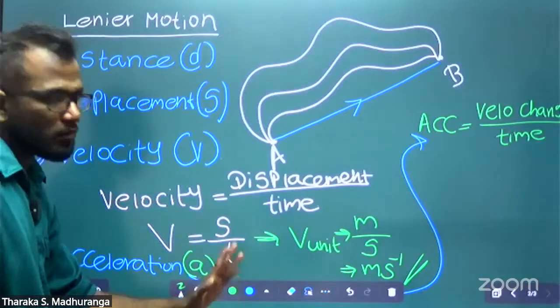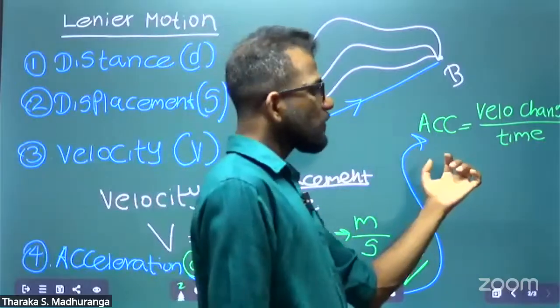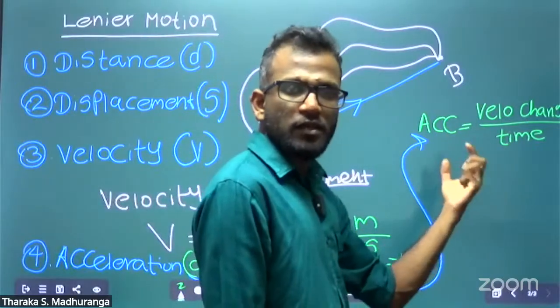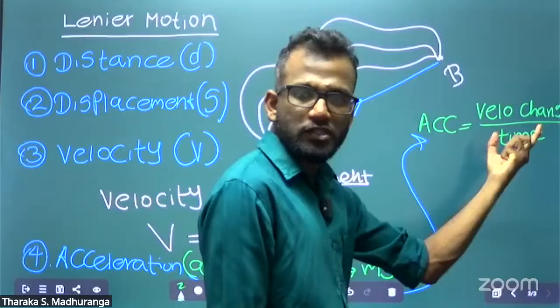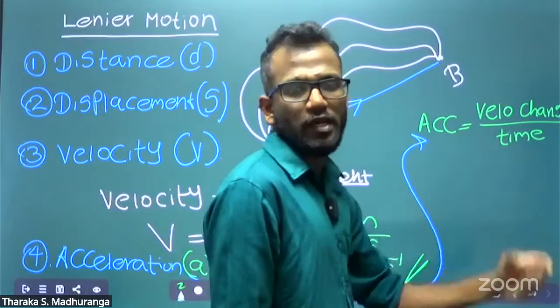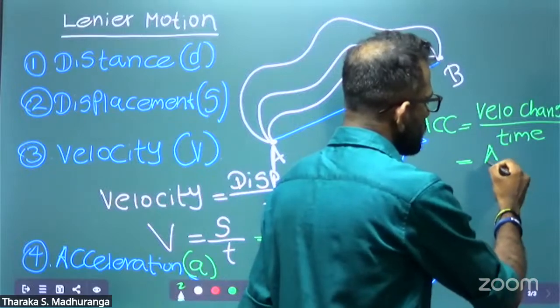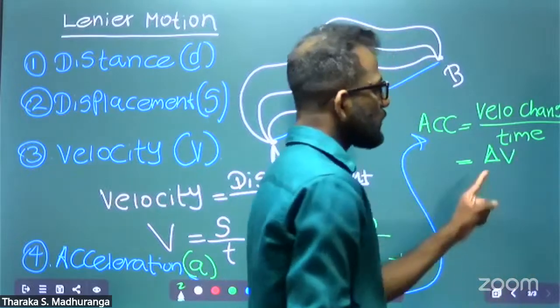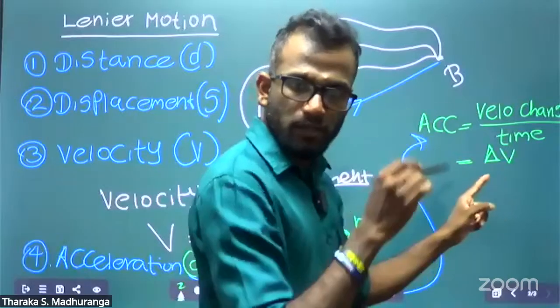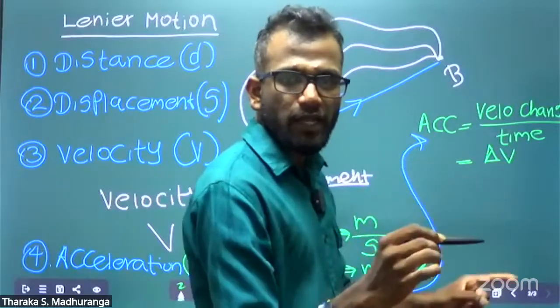I'll explain again. Understand what acceleration means? The acceleration is the velocity change within unit time. The velocity change means delta v. Delta means change, the triangle mark.